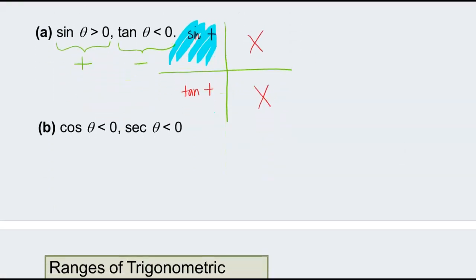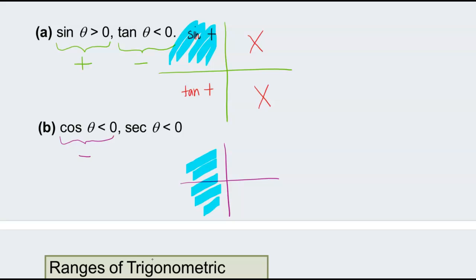Let's look at another example. Cosine is negative. Remember that cosine relates to the x-coordinate, right? So it's telling us that the x-coordinate is negative, and that means that it's going to be one of these two quadrants. Well, secant is also negative, but that is always true when the cosine is negative because they're reciprocals.